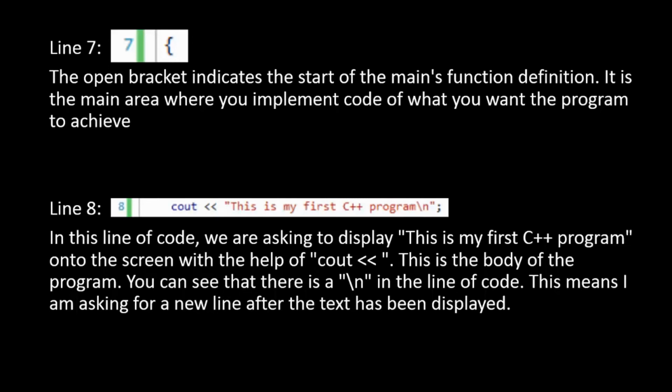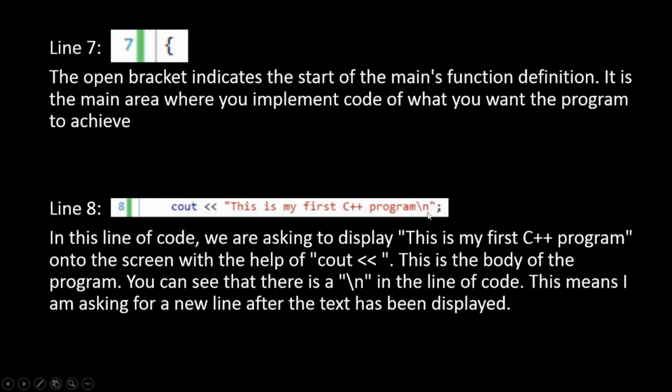After you press space, the next line, line 8, would be cout, "This is my first C++ program." So in this line here, we are telling the computer to display "This is my first C++ program" onto the screen with the help of cout. cout in C++ means it's going to output text, and this is in the body of the program.